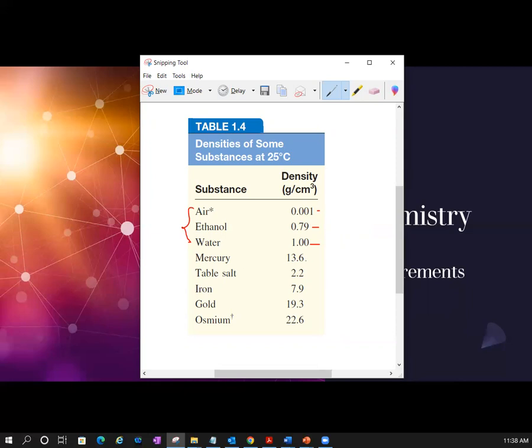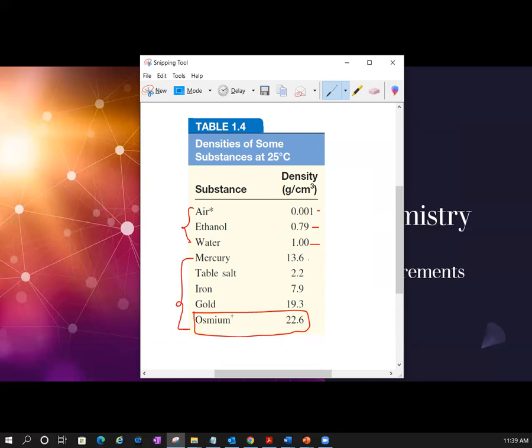Then, punta naman tayo sa mercury. Ang mercury ay 13.6 gram per cc. Then we have table salt. Then we have iron, 7.9. Then we have gold, 19.3. And then we have osmium. Osmium is the densest element known. Ito yung pinaka-dense na substance known. So, ibig sabihin, itong mga substance na ito, mas dense siya sa water kasi 13.6, 2.2, 7.9, 19.3.